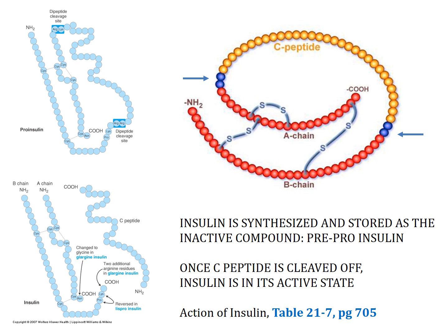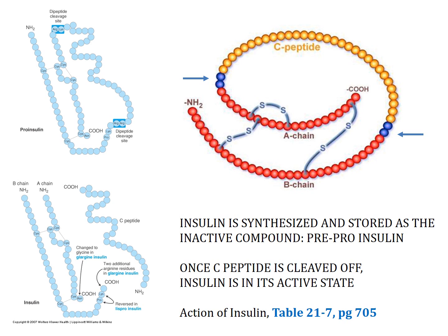Insulin is synthesized in the pancreas, and it's actually synthesized as an inactive compound. So when we make insulin in the pancreas, it is one long peptide, or one long chain of amino acids, and then that chain is cleaved at two sites, and you can see where the blue arrows are. When that peptide gets cleaved, the protein that comes off is referred to as C-peptide.